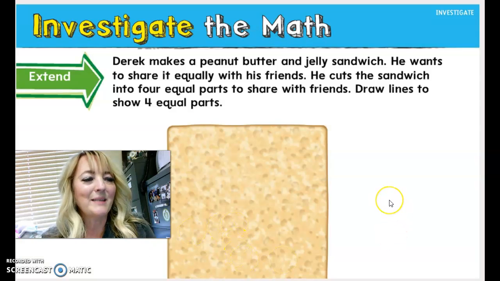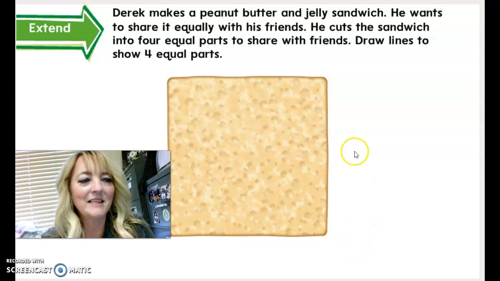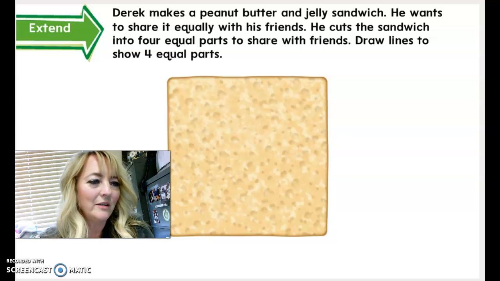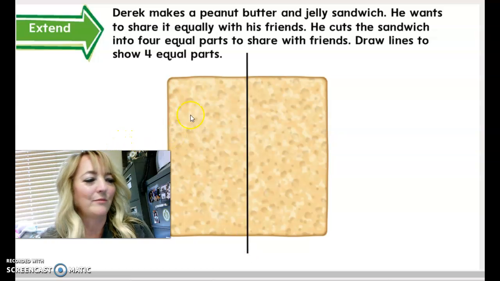Okay, Derek makes a peanut butter and jelly sandwich. He wants to share it equally with his friends. He cuts the sandwich into 4 equal parts to share with friends. Draw lines to show 4 equal parts. So, we can draw a line vertically down about the center, hopefully. And then that's only 2 equal shares. We want to do 4 equal shares.